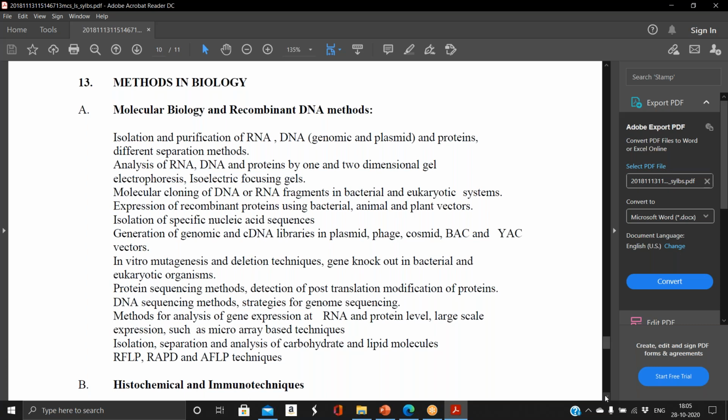Then molecular cloning of DNA or RNA fragments in bacterial and eukaryotic systems.